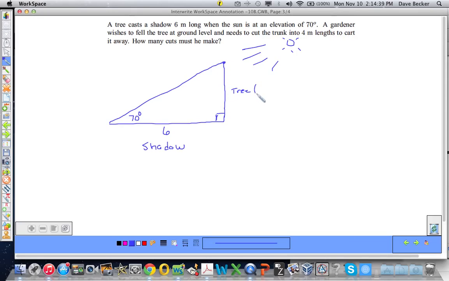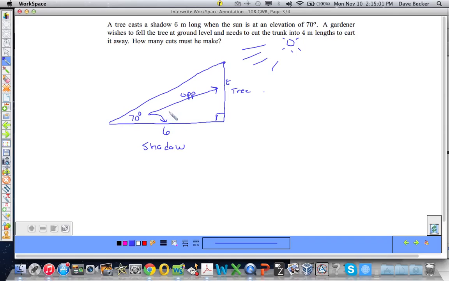So I'm going to call this little t for tree and solve for t. Or I guess I could put the t here. Maybe that's a little bit less confusing. Because if I know the height, I know how many cuts I'll have to make, depending on how long it is. And so I look here, and this is opposite the angle. That's what I'm looking for.